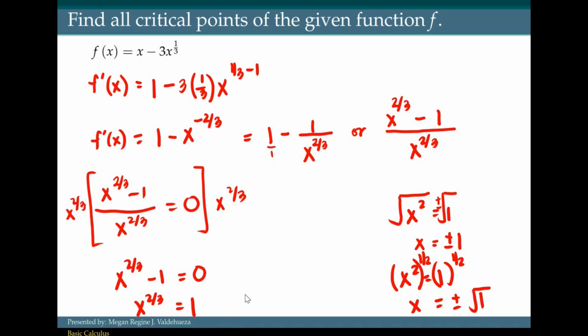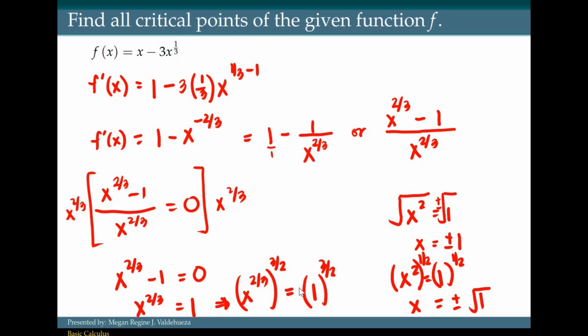So from here, we also have x to the power of 2/3 raised to the power of 3/2, the reciprocal, equal to 1 raised to the power of 3/2. Since we also have over 2 here, so that means we will get the square root of 1 cube, right? So still positive negative.